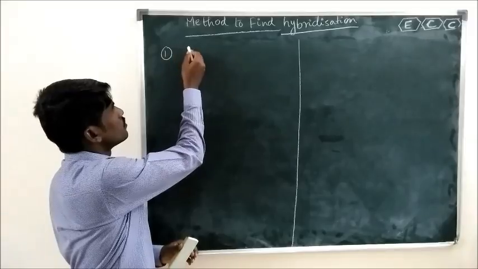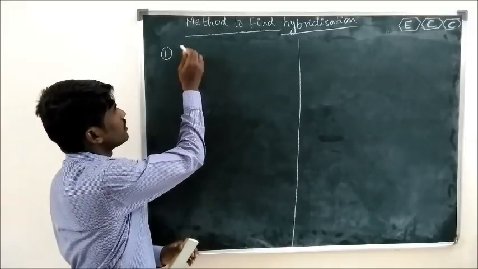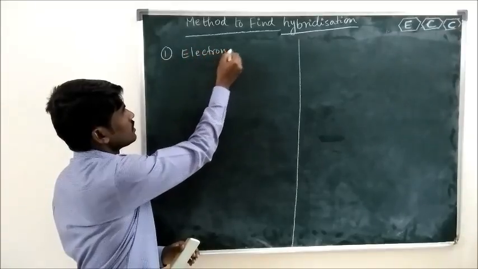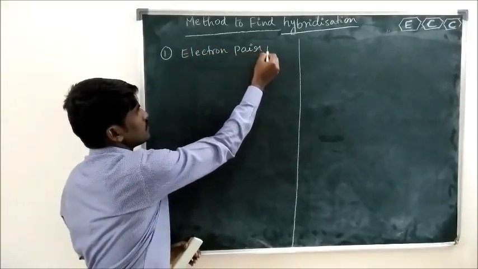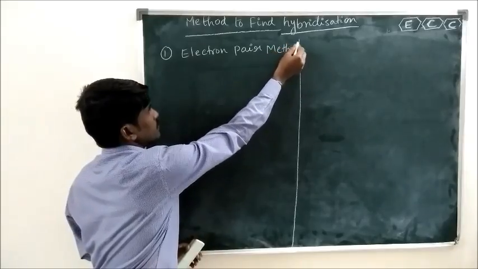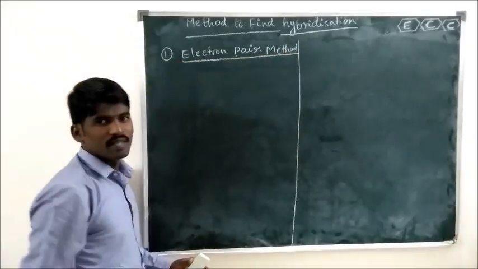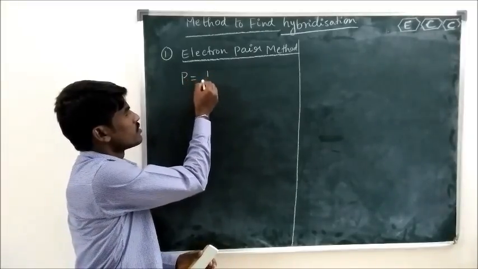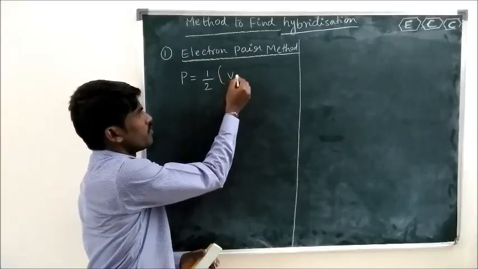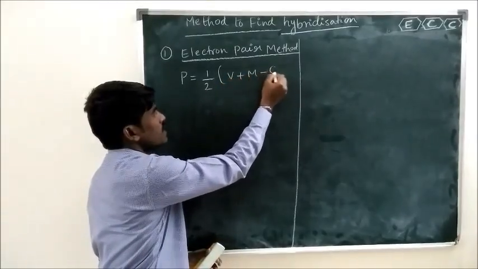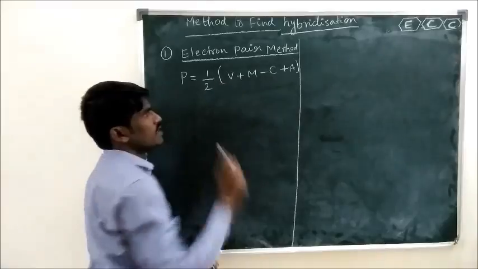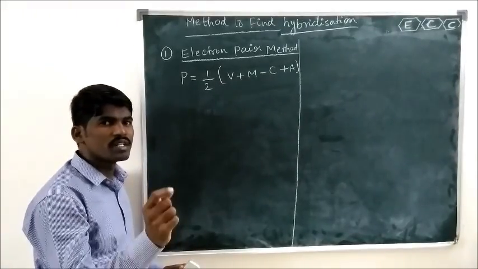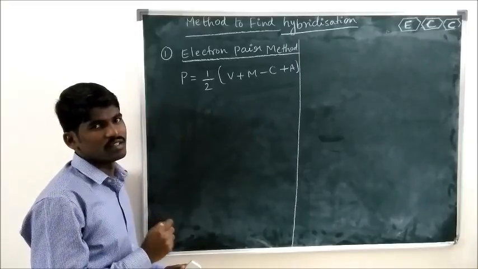The first method to find out hybridization in a short way is the electron pair method, in which P is equal to half of V plus M minus C plus A. This is the formula used to find out the hybridization.